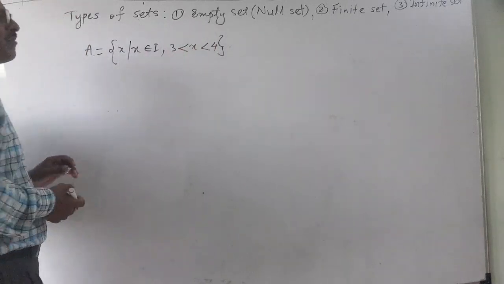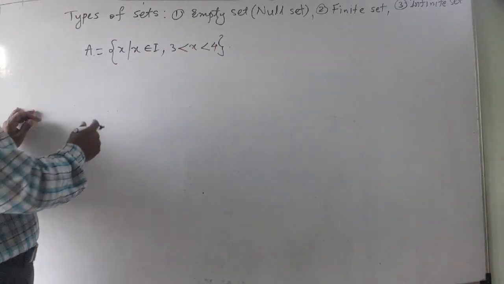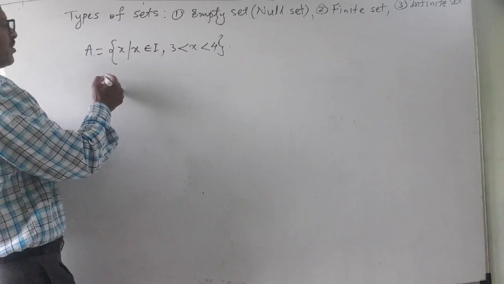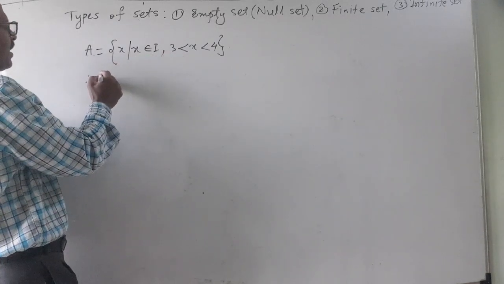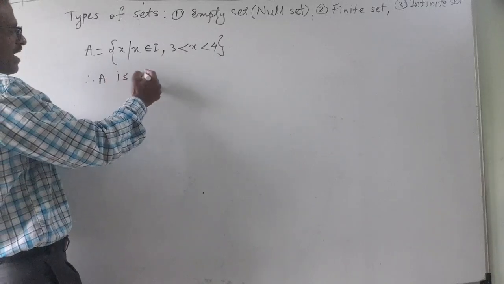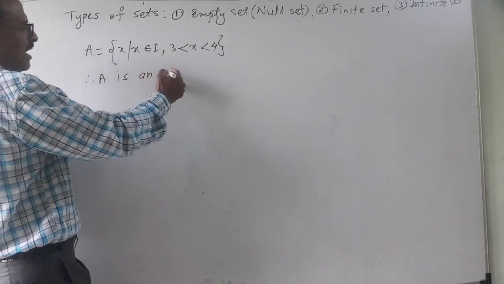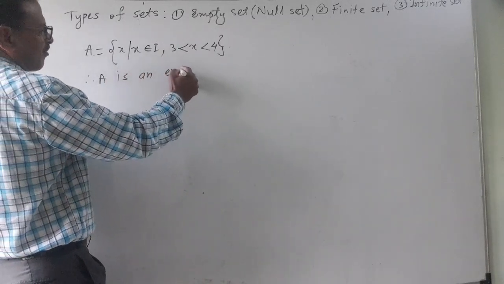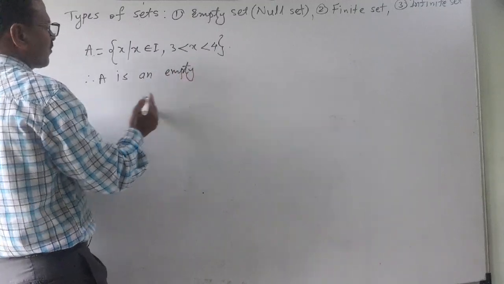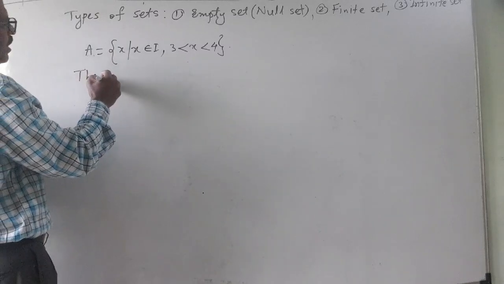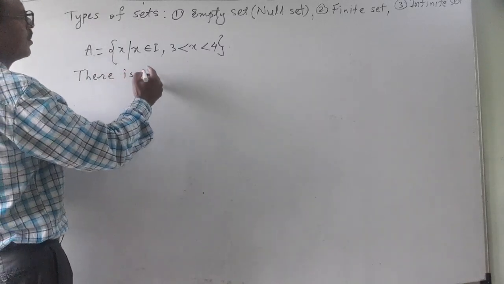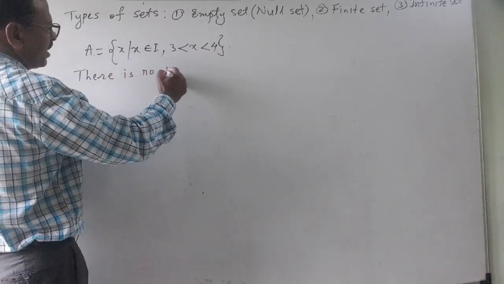What number can be coming into this? There is no number. Therefore, there is no number between 3 and 4 which is an integer. Therefore, A is an empty set. There is no number. I will give the reason also. There is no integer.